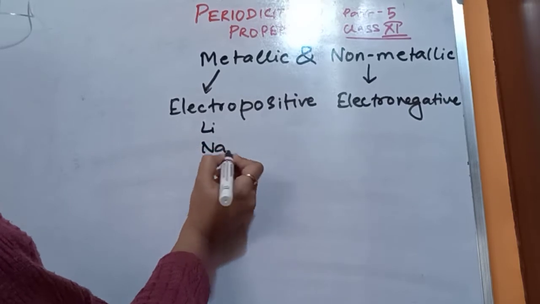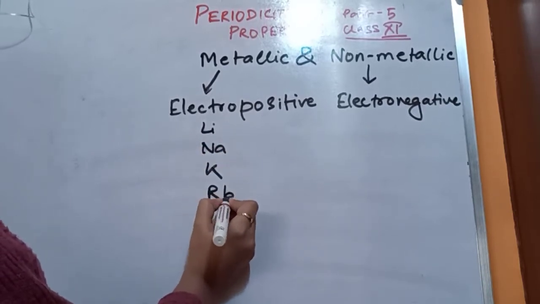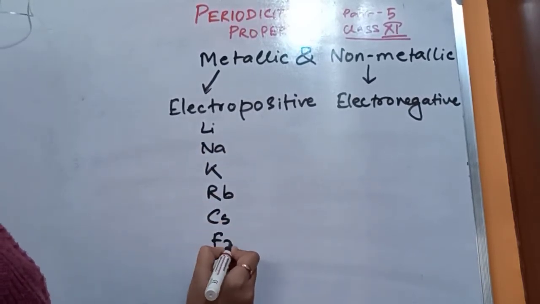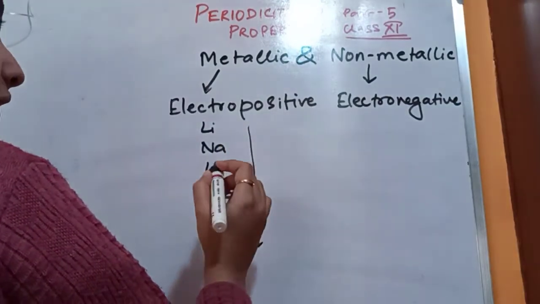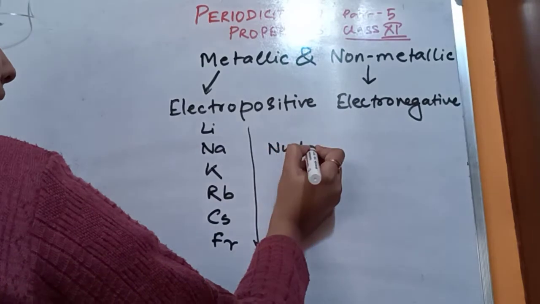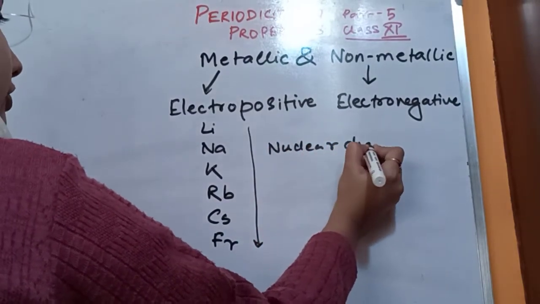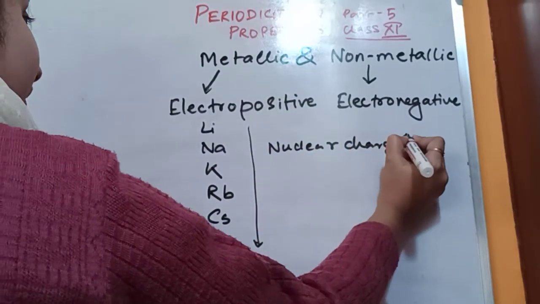Lithium, sodium, potassium, rubidium, cesium, francium. Down the group also, nuclear charge increases.